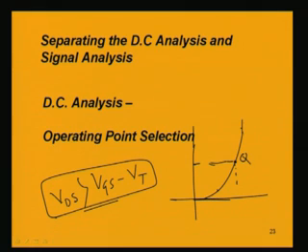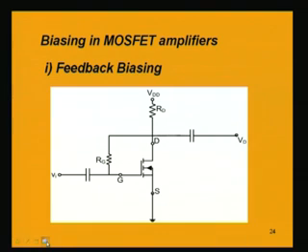So, we will now be discussing the DC biasing schemes which are required for proper selection of the operating point.